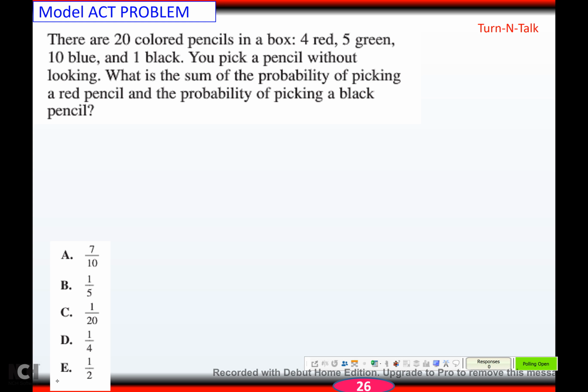Alright, try this one, hit pause, come back when you're ready. And hopefully you got 1/4. So you have 20 colored pencils in a box. 4 red, 5 green, 10 blue, 1 black. You pick a pencil without looking.